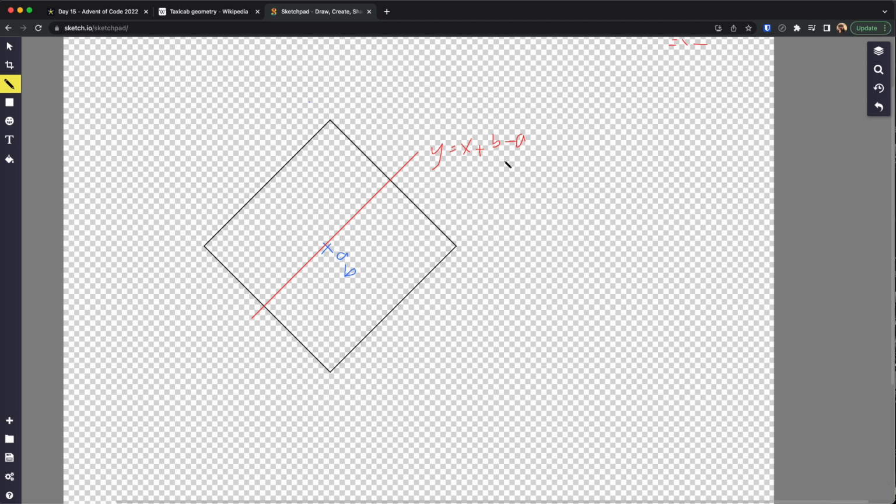Simple algebra. We have c here. We will substitute b and a for y and x. So it will be like this.